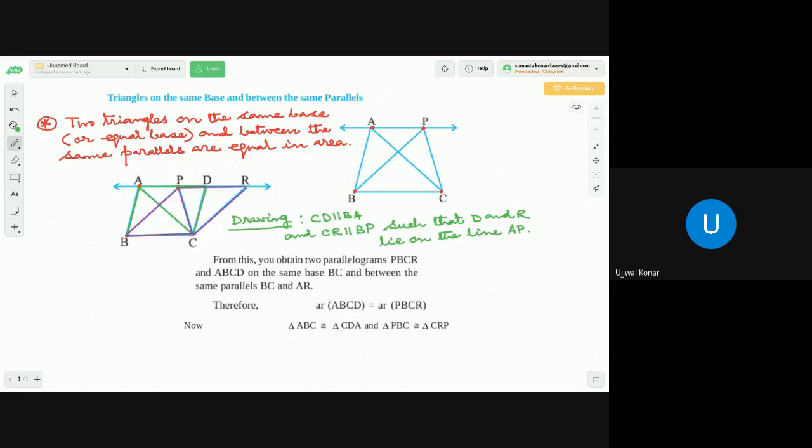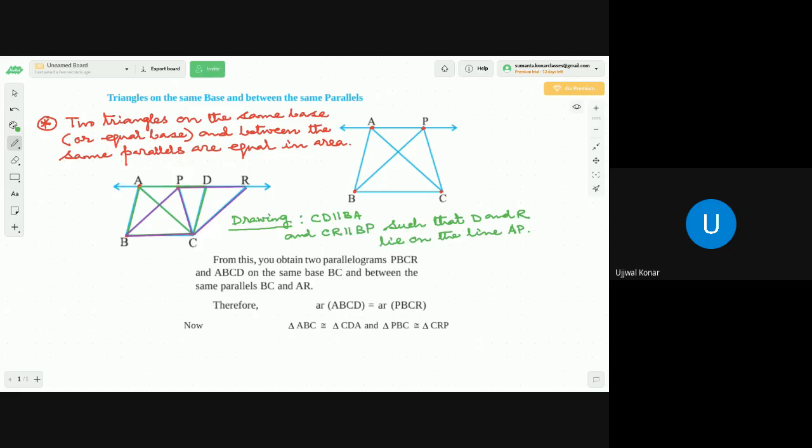Area of the triangle ABC is equal to the area of the triangle CDA. Area of the triangle PBC is equal to the area of the triangle CRP. That we know because they are congruent.